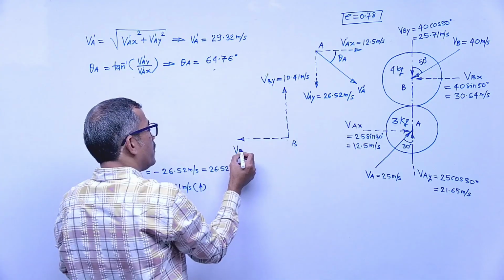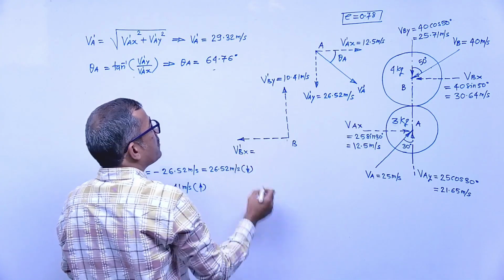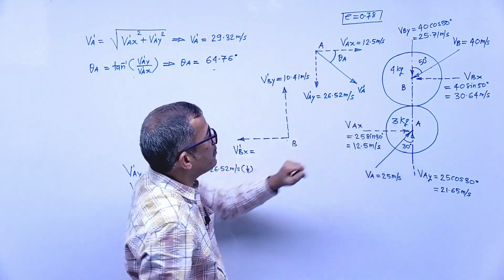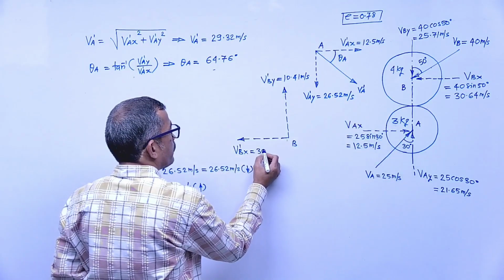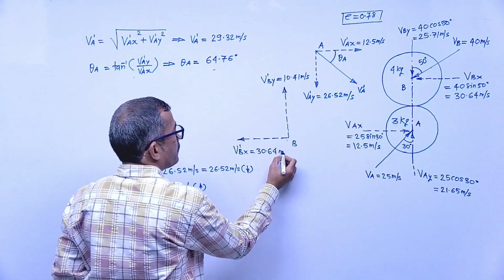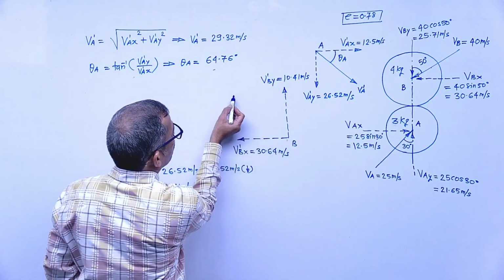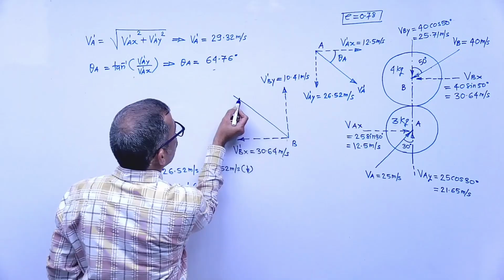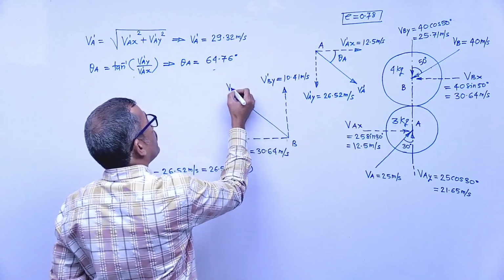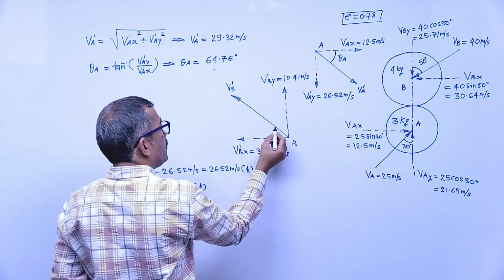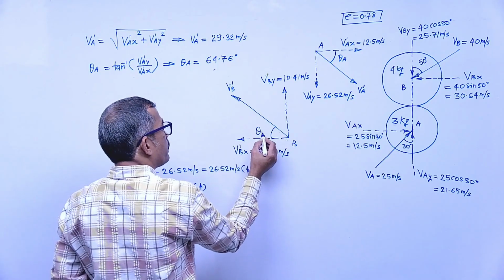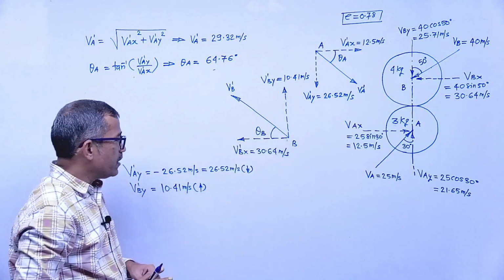This is VB dash x, which is equal to VBx, 30.64 meters per second. That means the resultant velocity is in which quadrant? Second quadrant. This angle I'll write here as theta B, right? Is it understood?